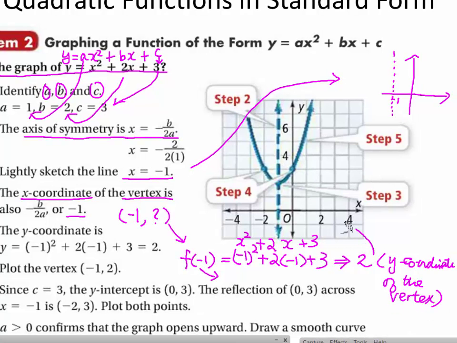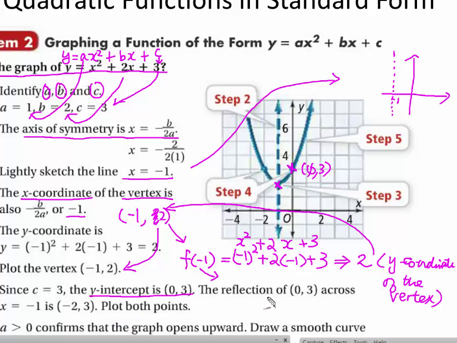So by putting this back, which is 2 right now, the vertex is negative 1, 2. Negative 1, 2 is the vertex right here. We also know the y-intercept is 0, 3 because the c value is 3. So the y-intercept is right here, which is 3.